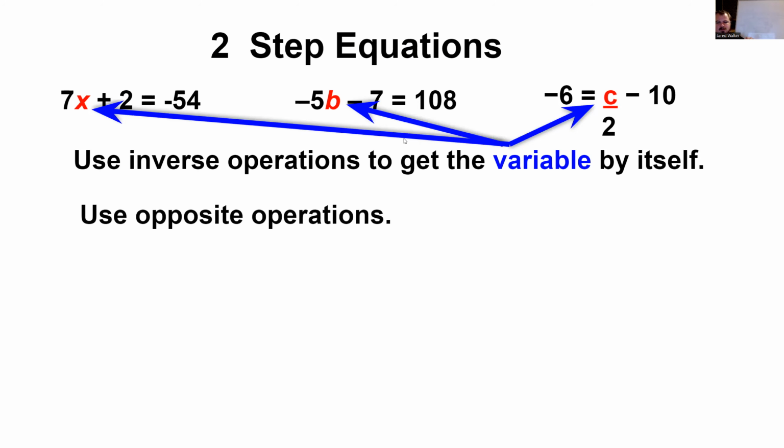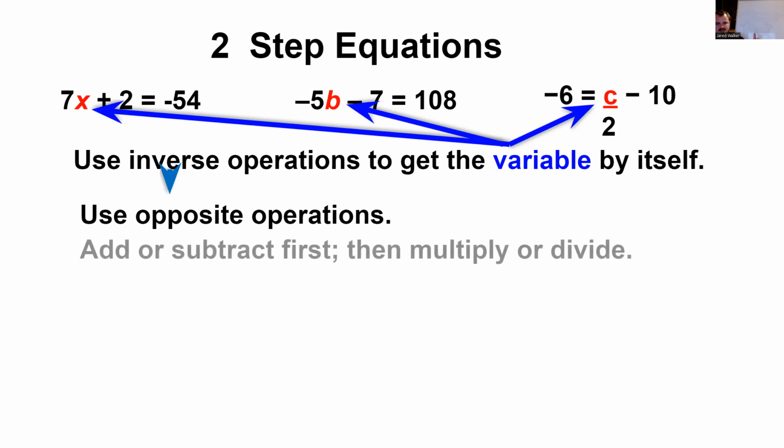And so because we're undoing it, we go backwards from the order of operations. So I guess what I could say is it's like if you're putting on clothes, you would put on the shirt and then the jacket. So then if you're taking off your clothes, what would you do? You wouldn't take the shirt off first. You go backwards from what you did. You would take the jacket off and then the shirt.